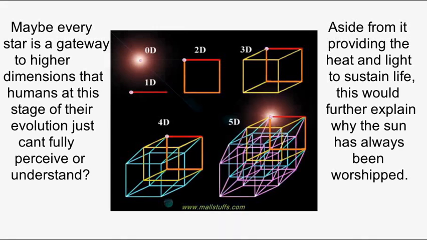To me, it just makes perfect sense that there's a higher dimension of reality that life is evolving towards, and we're just not there yet. We're not ready to do it.